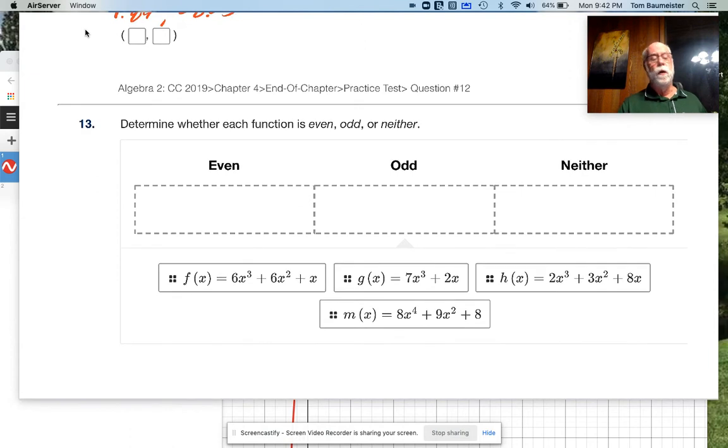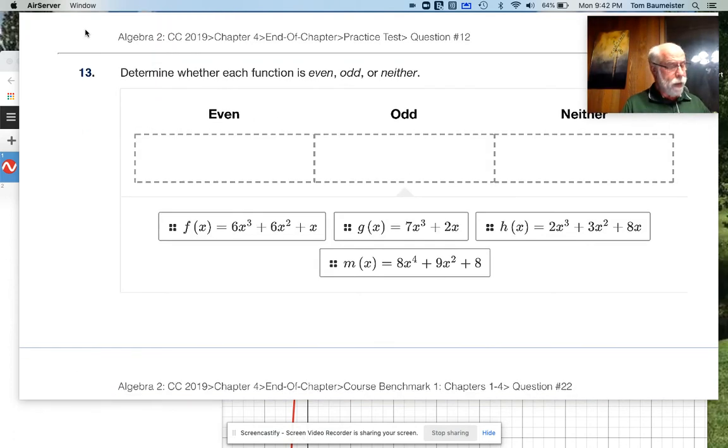All right, so on this one here, determine whether each function is even, odd, or neither. So remember, here's the easiest way to think of it. If it's even, we know that f of negative x is equal to f of x, and it works if all exponents are even.